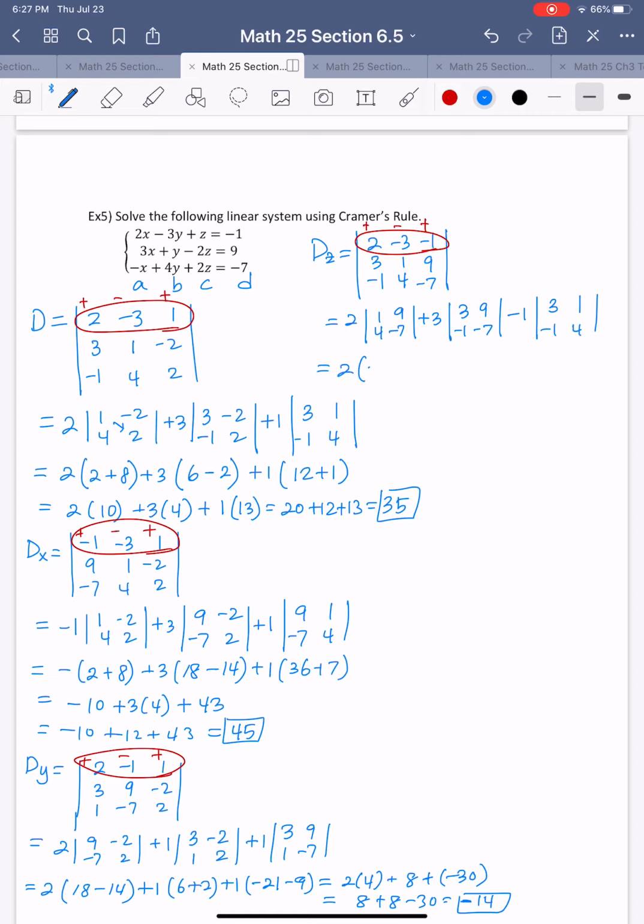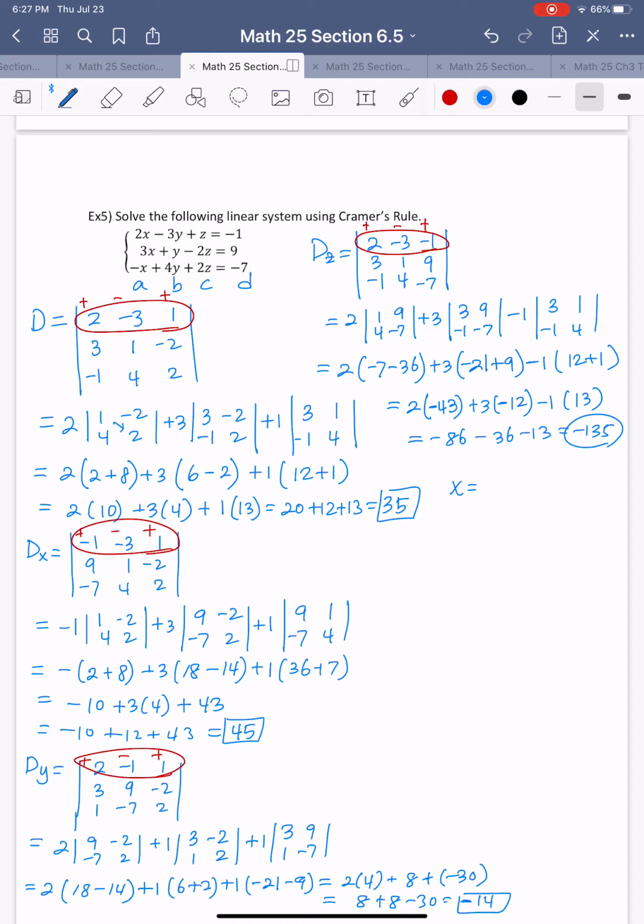So 2 of negative 7 minus 36, plus 3 of negative 21 plus 9, minus 1 of 12 plus 1. So I got 2 of negative 43, plus 3 of negative 12, minus 1 of 13. I got negative 86 minus 36 minus 13, and then what I get is negative 135. Okay, so now we got every determinant, right?